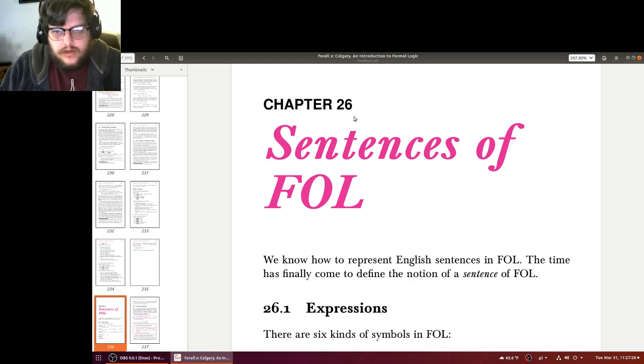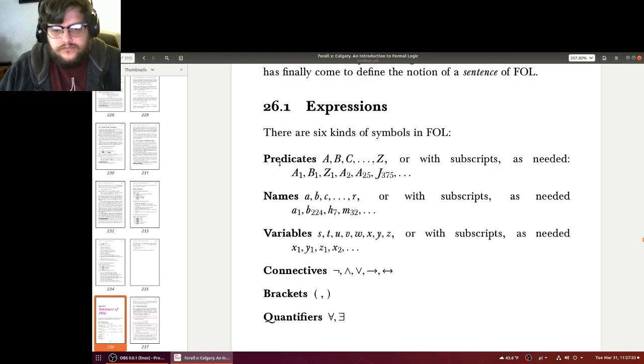So we have a similar kind of definition of sentences in first order logic. Here's a reminder and a recap of all the stuff we have. In first order logic, we have predicates, and those are things like "is a dog", things that usually have a variable in them, and we use names and variables in those places where there's a missing item. We have names, which use the letters A through R, lowercase, and allow subscripts on them.